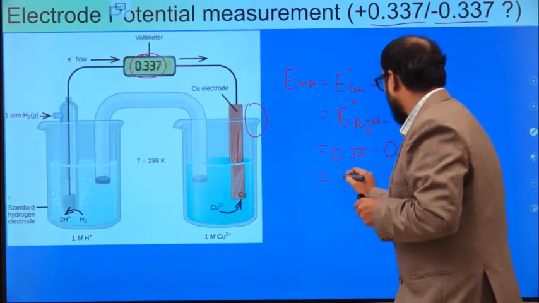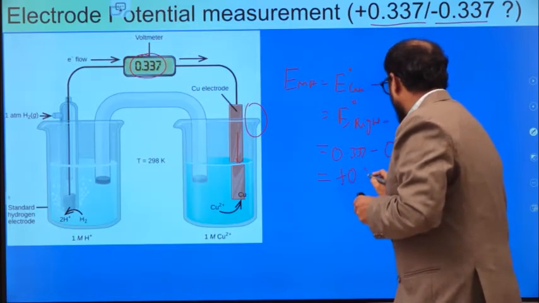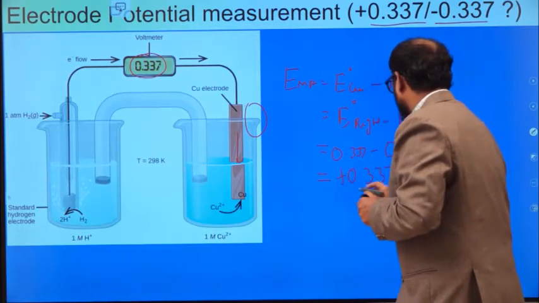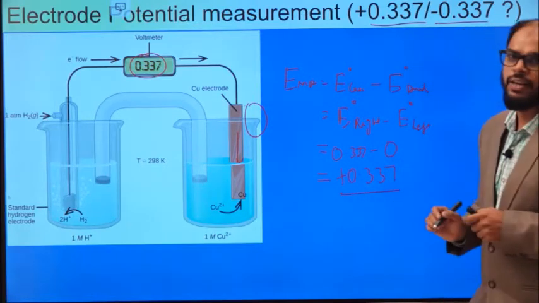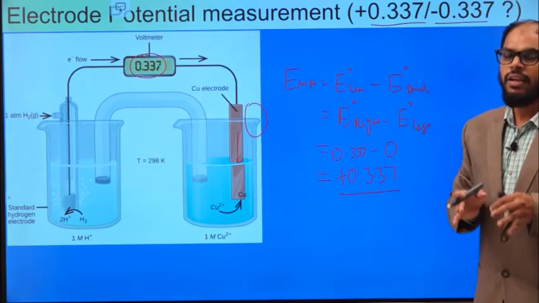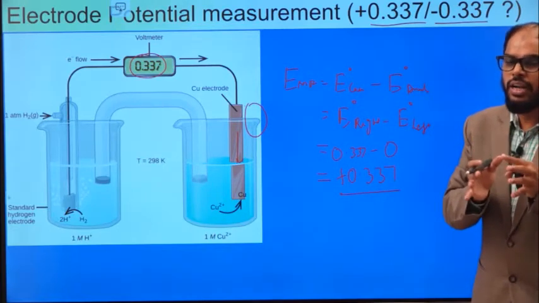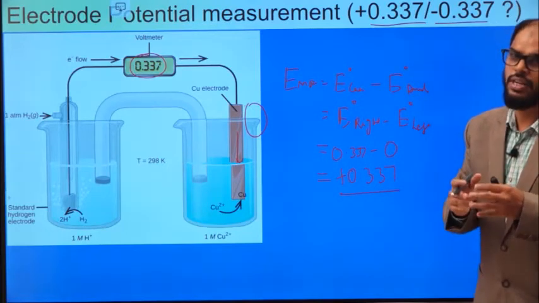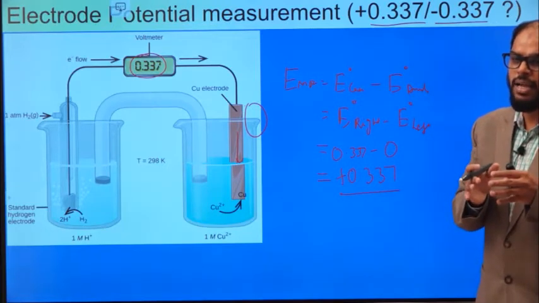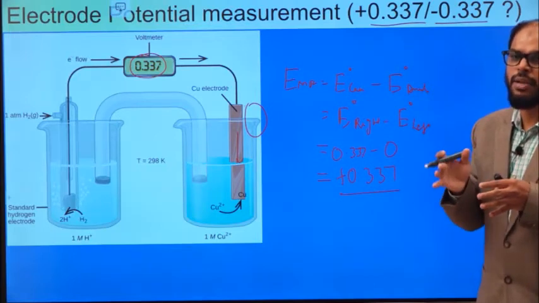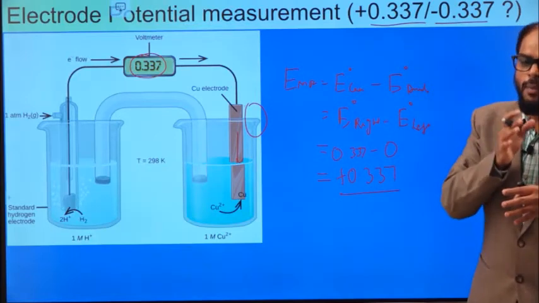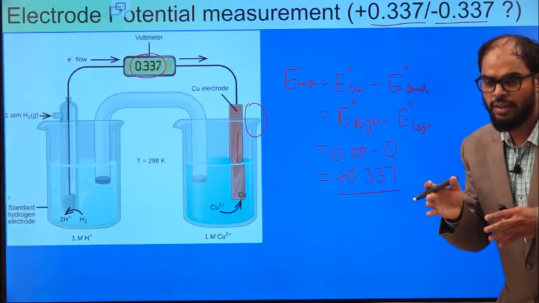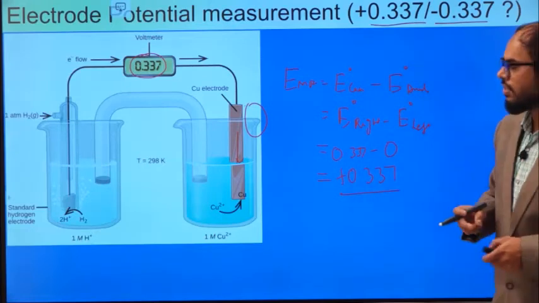So I can say that the EMF is plus 0.337, indicating that copper has got more tendency to accept electrons and less tendency to undergo oxidation. This copper metallic strip has more tendency to accept electrons to convert from copper 2 plus to copper solid rather than the inverse process.